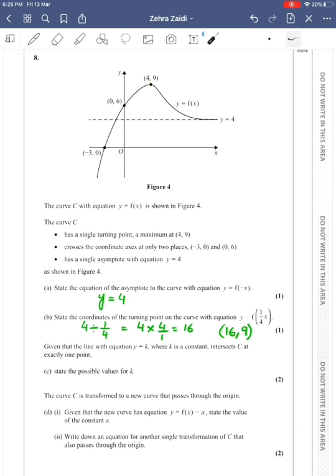So the first line that we can see that crosses the curve only at a single point can be this one, which passes through the point (4, 9). Alright, so the equation of this line will be y is equal to k, where the value of k is equal to 9.